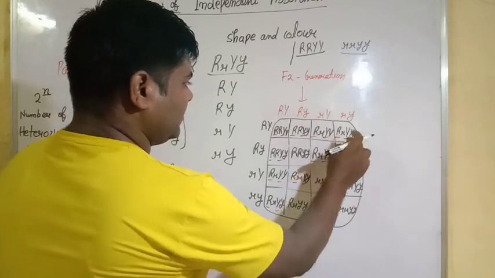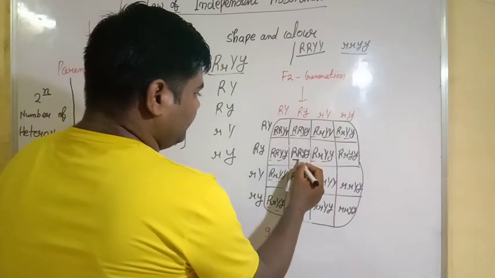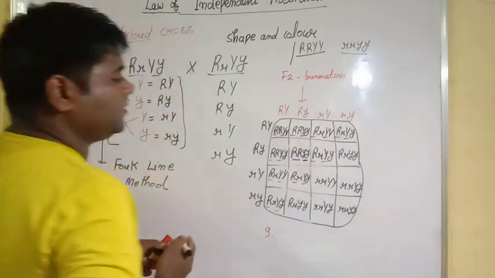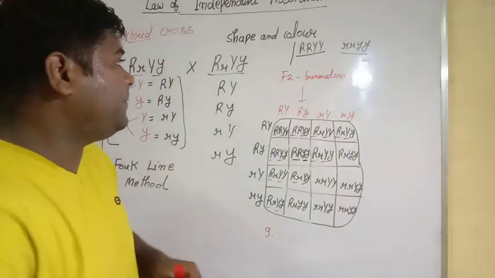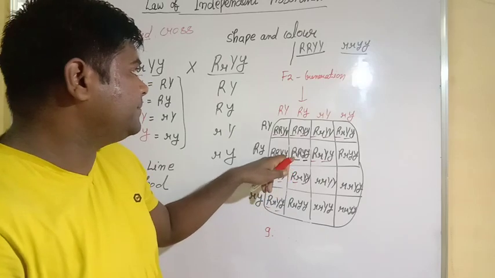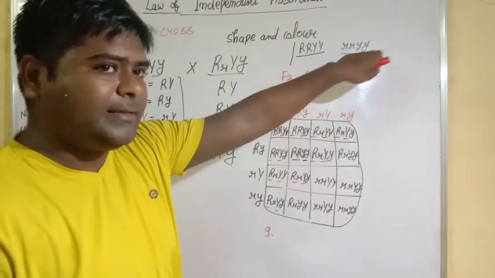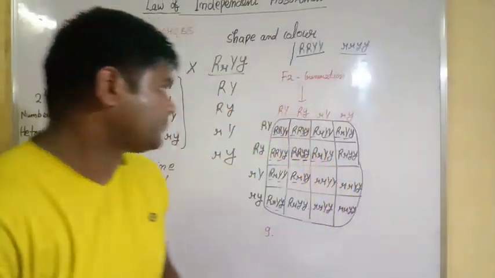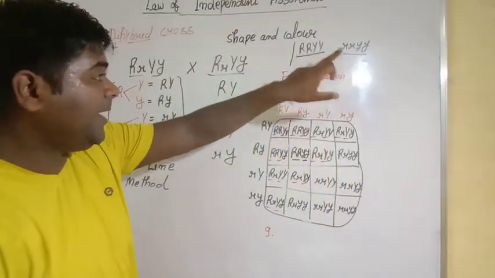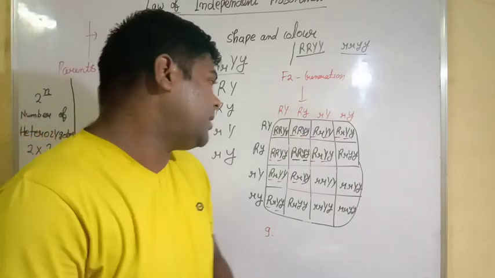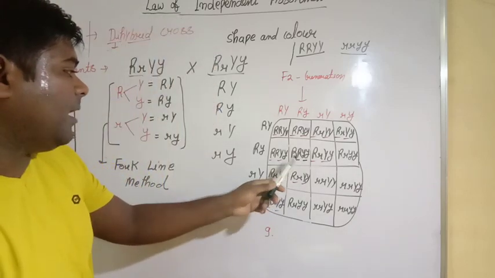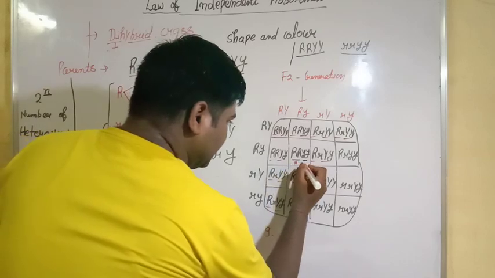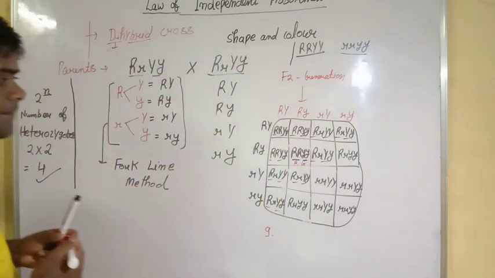And then we have the next condition. You can see now this one: capital R and small y. It means round, and small y is for green. That y is representing color. So this one is round and green. We have 2 round and green.